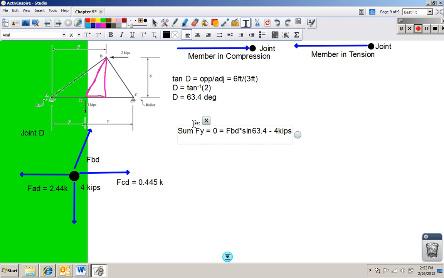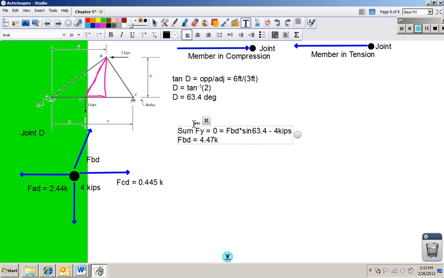When we solve that for FBD, we get FBD is equal to 4 kips divided by the sine of 63.4, and FBD works out to be 4.47 kips.